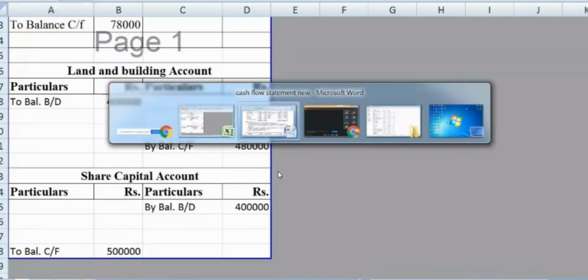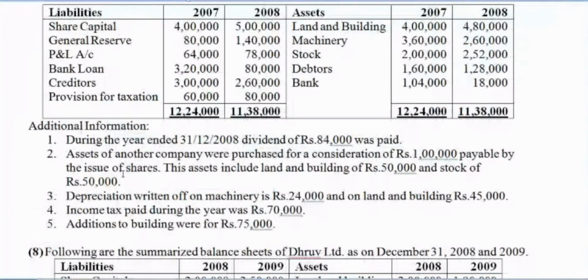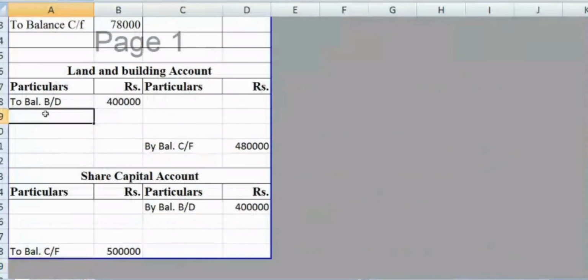Now he said that assets of another company were purchased for consideration of rupees 1 lakh, 50,000 of land and building and 50,000 of stock. So your journal entries are: land and building account debit, stock account debit, to vendor account, and vendor account debit to share capital account. Land and building of 50,000 purchased, and one entry in stock account.